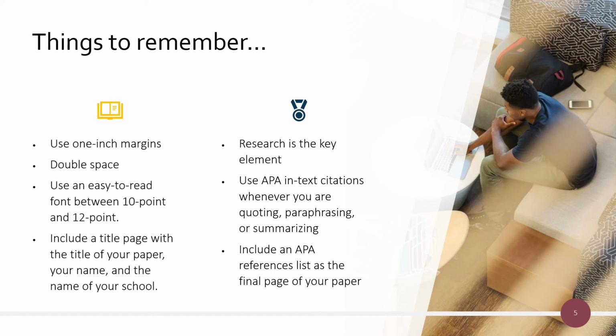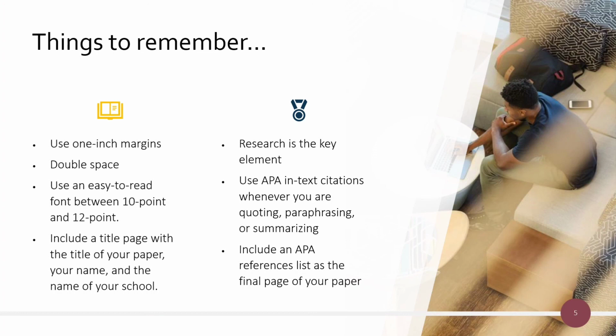So that leads to the next thing. Use APA in-text citations whenever you are directly quoting, paraphrasing, or summarizing. And so a lot of students are like, well, that's everything. Pretty much. If it did not come directly out of your head from just kind of general overarching knowledge, if it's specific to this topic that you read in some articles or someplace, you need to cite that information.